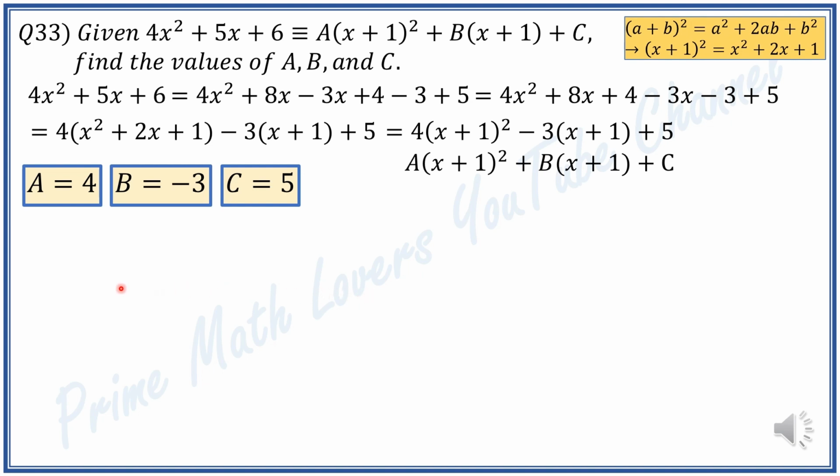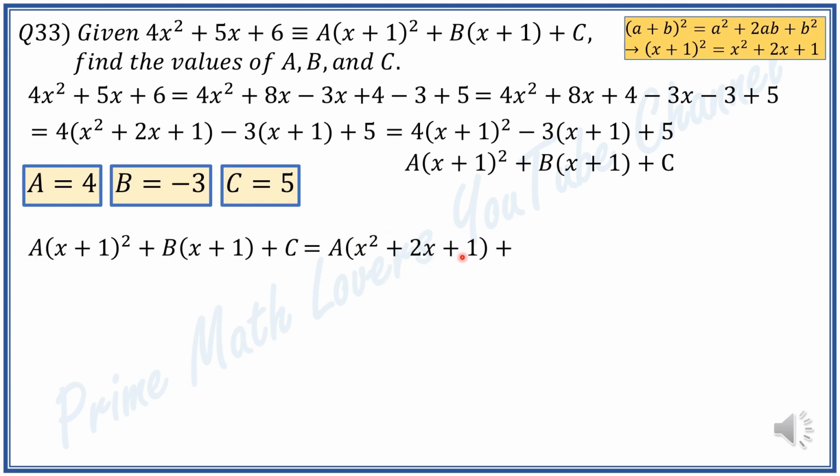I also solve this with another method. In this method, first I expand this expression. I expand a times x plus 1 squared plus b times x plus 1 plus c. X plus 1 squared is x squared plus 2x plus 1. So I'll get a times x squared plus 2x plus 1 plus b times x plus 1 plus c.